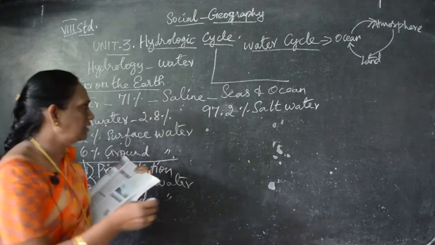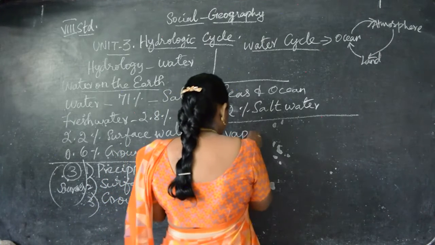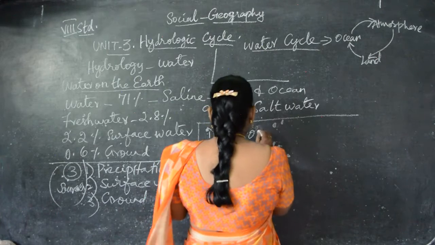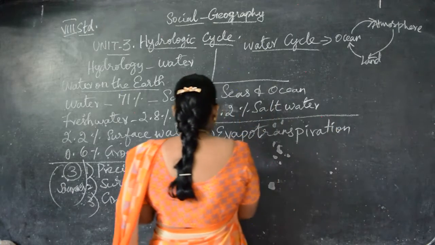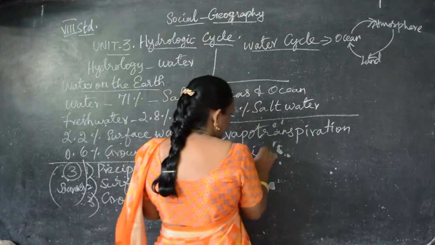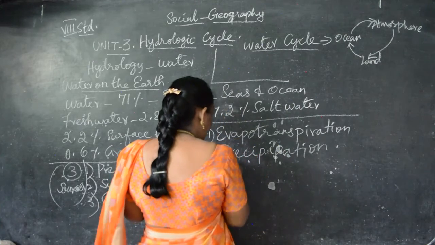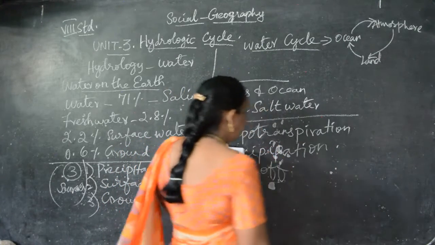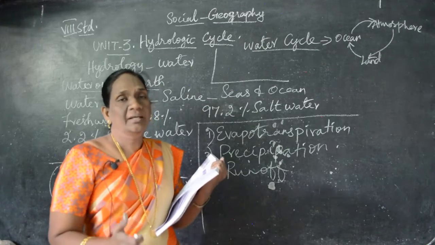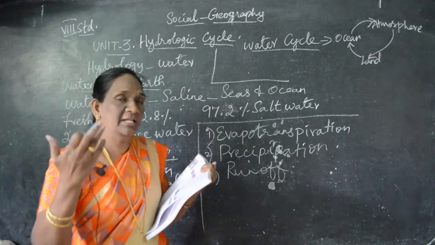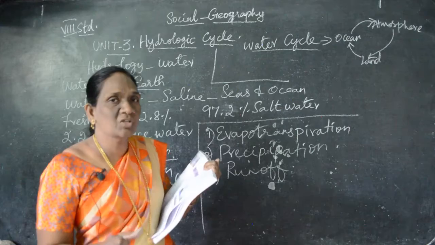Okay, so the three types of hydrological processes we saw: first one is called evapotranspiration, the second one is called precipitation, and the third one is called runoff. From this, evapotranspiration is in the sense that from the land the water becomes water vapor in the gaseous form, goes through the atmosphere and mingles with the atmosphere, that is called evaporation.